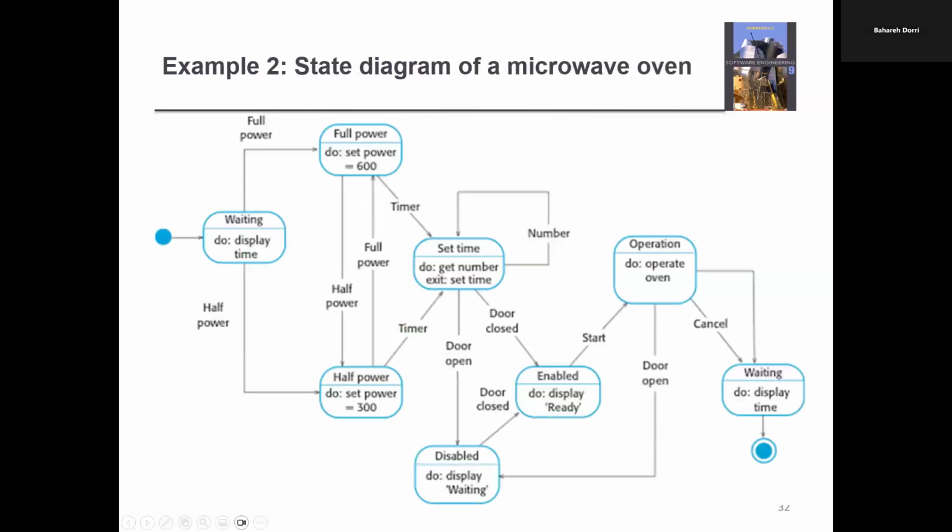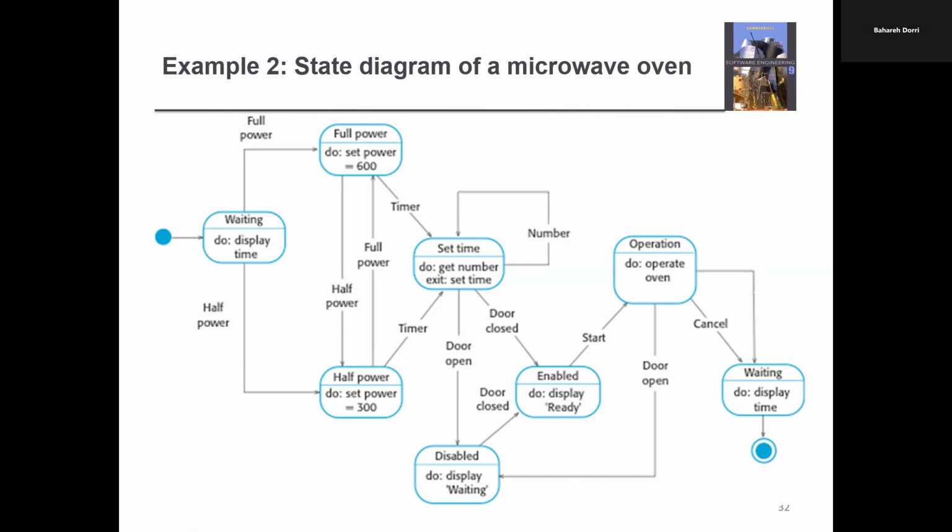Here we have another example, a state diagram of a microwave oven. At the initial state, the system starts in the waiting state, and the action is that it continuously displays the time. Then we have full power or half power. As you see, it goes over all of these states by each condition.